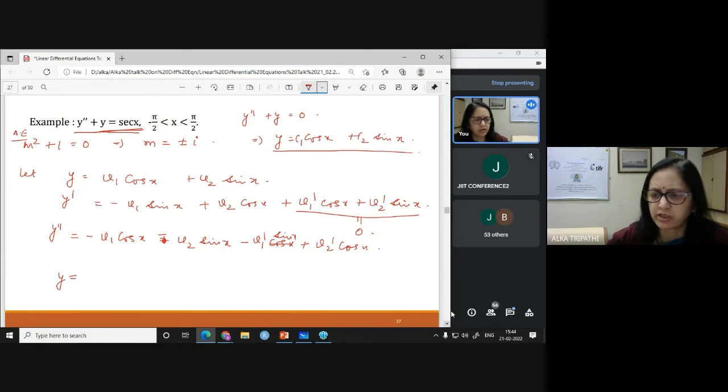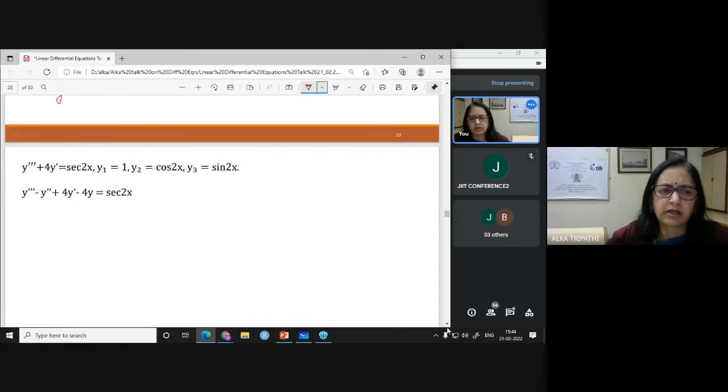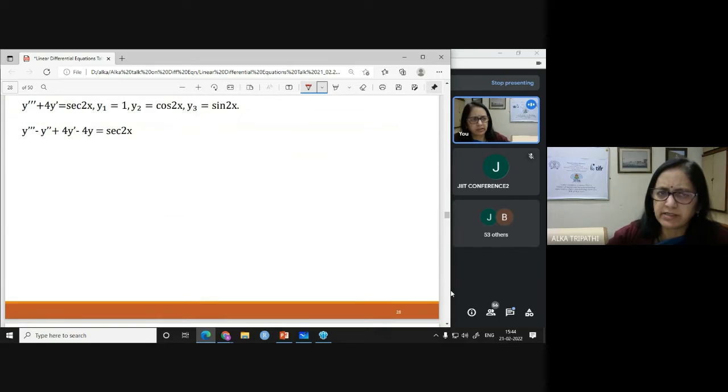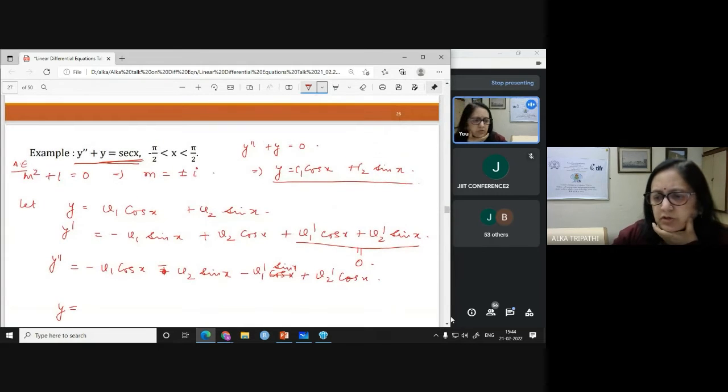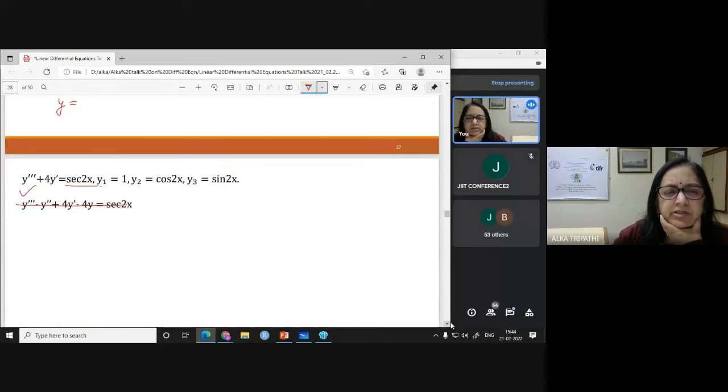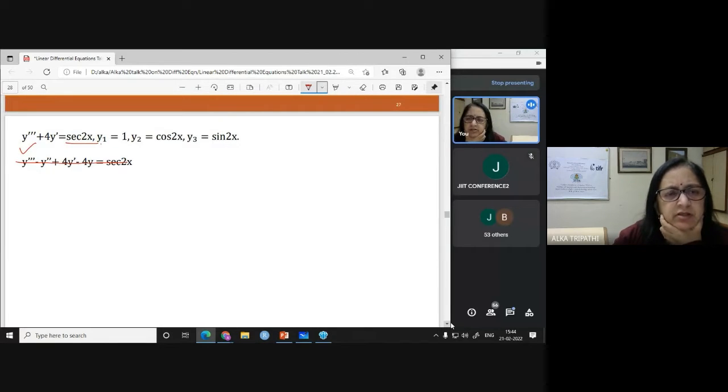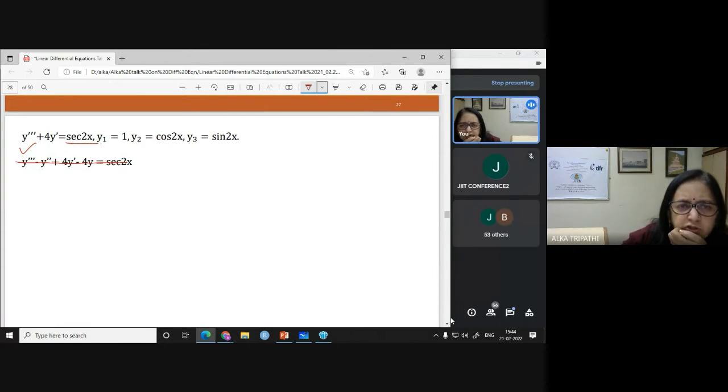I think you have understood this one, but let me go for the third order case. I'm talking about, say, suppose this equation. You can just see the RHS value is sec 2x. In the earlier case also, the RHS value was sec. So we are not much concerned with the RHS value. It can be any value, and very easily we can find the solution.